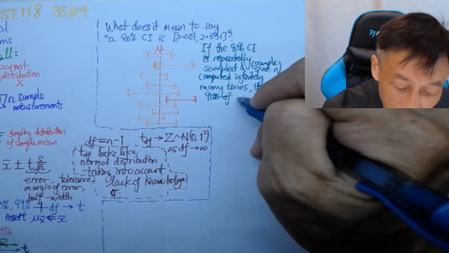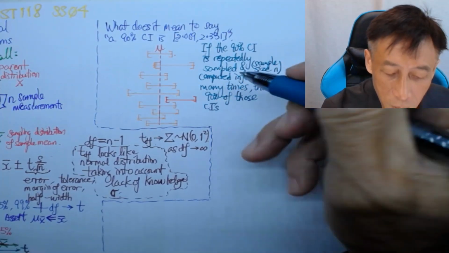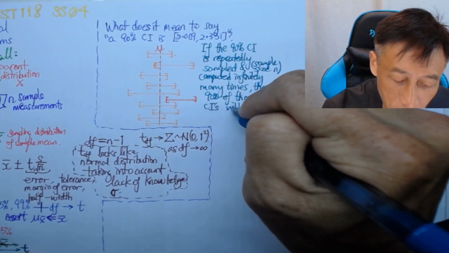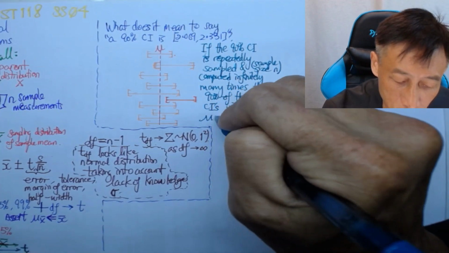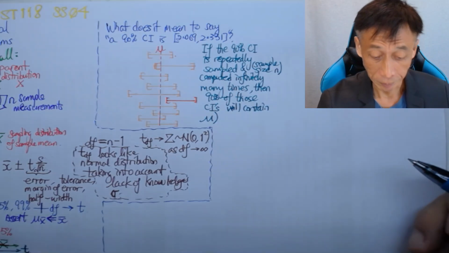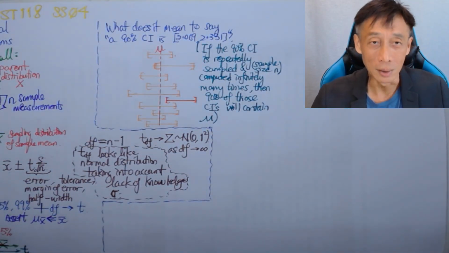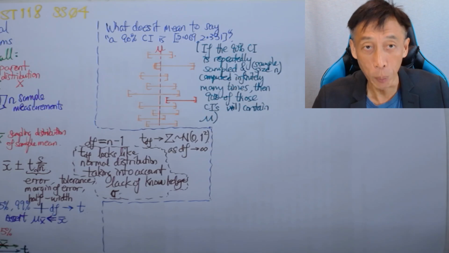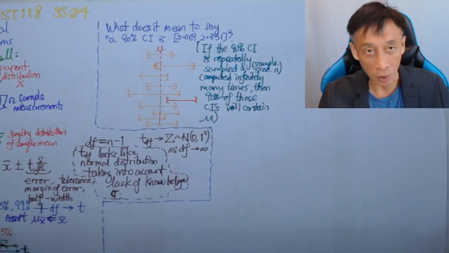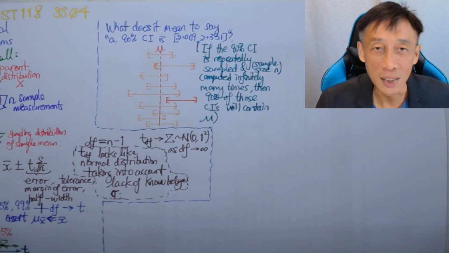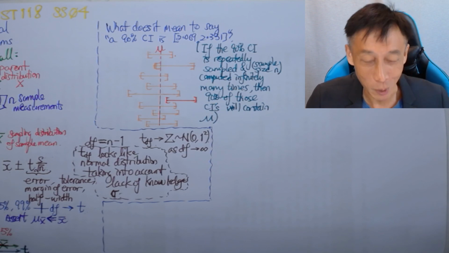Then 90% of those confidence intervals will contain mu, which is the number we are after. So that is the sort of more appropriate way to interpret the 90%, because throughout the construction, we never utilize the notion of probability, right? So how come suddenly there's this meaning of probability?